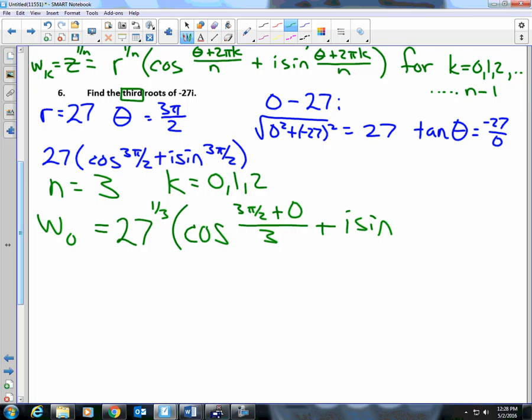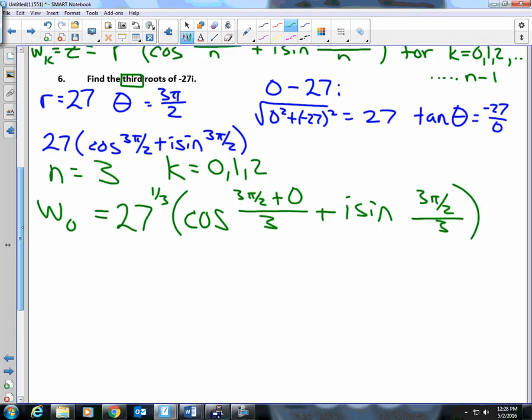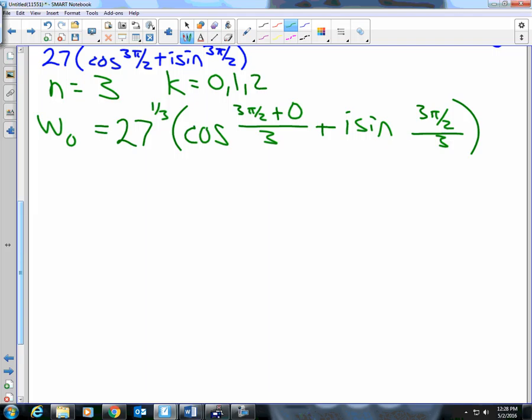Plus i sine of, notice how sine is going to be the same thing. And we can actually save a little bit of space. Then what is 3 pi over 2 plus 0? 3 pi over 2. Over 3. Awesome. Let's simplify.